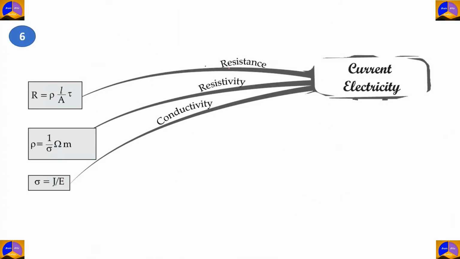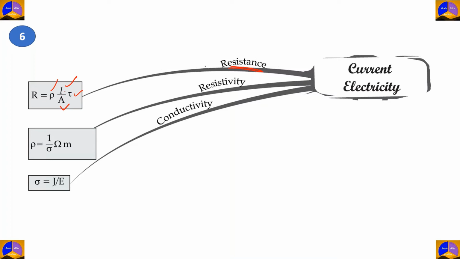We know that resistance is the proportionality constant present in a conductor, where a current is flowing through a potential difference V. Resistance, however, can vary according to some factors, and we can analyze them by analyzing the formula for resistance. R is given as rho L divided by A tau.